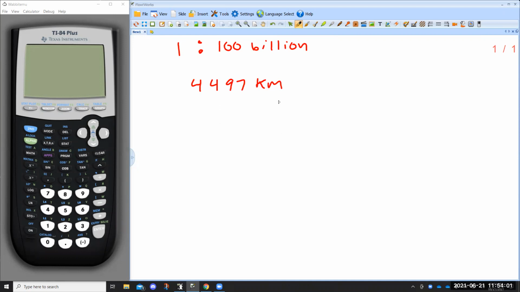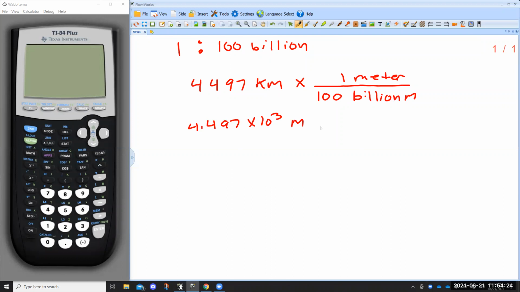So we're going to have to use the scaling ratio of 100 billion meters will be represented by 1 meter. And so this is going to be 4.497 times 10 to the third meters, and that's going to be represented by 1 meter.